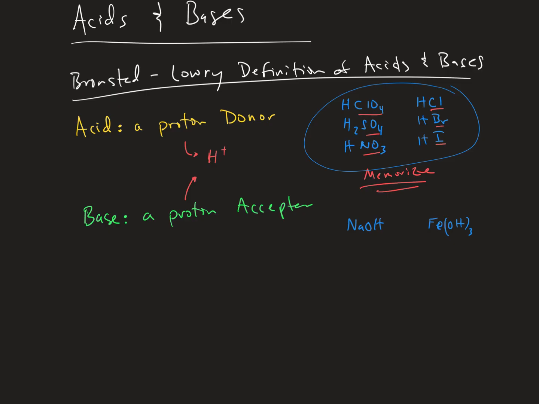You with me? Notice HF isn't up there because fluorine's not a soluble ion. Okay. What about this? Is this a good example of a base? Is ammonium soluble? Yes. Always, right? Yeah, so that is a good base.